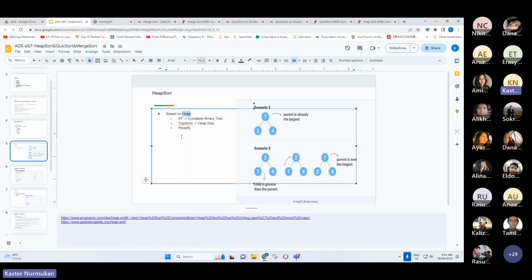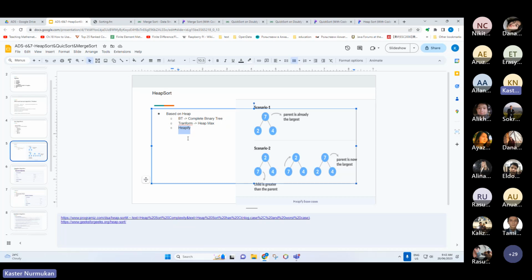Nevertheless, in Heapsort the heapify process is also important, because when you delete or insert, it will break the heap data structure. What that means is it's no longer a max heap or min heap.